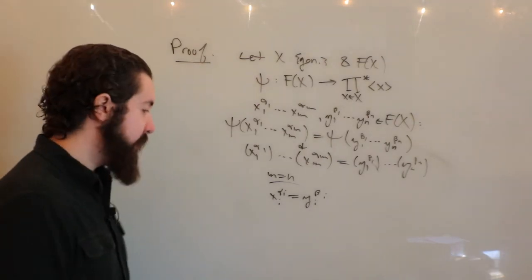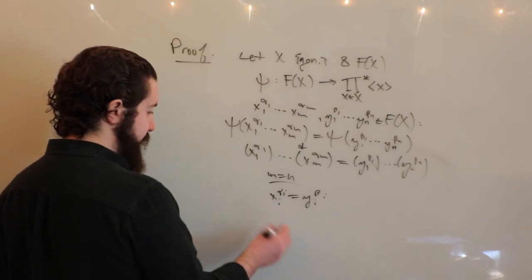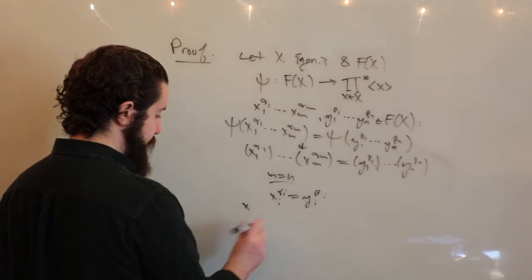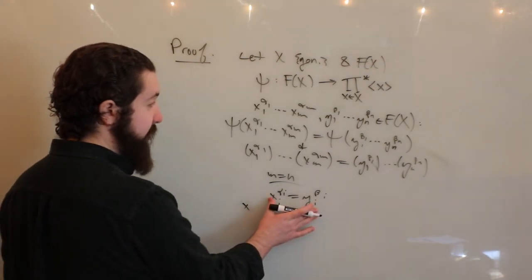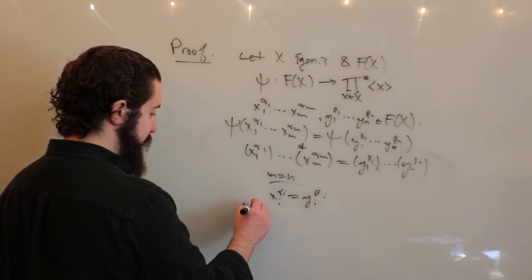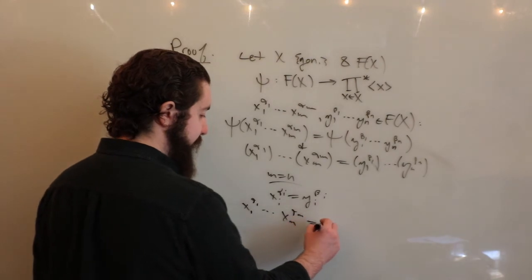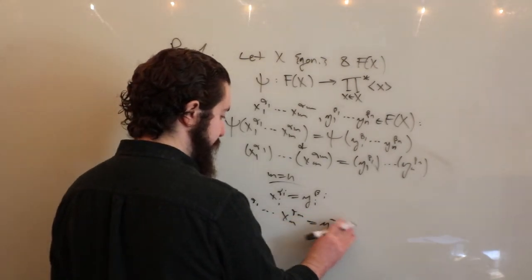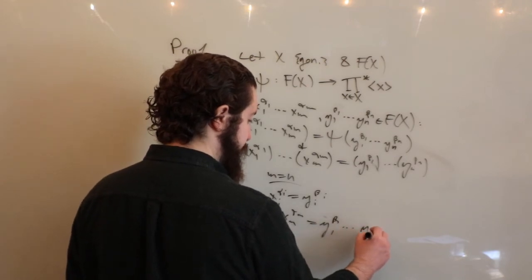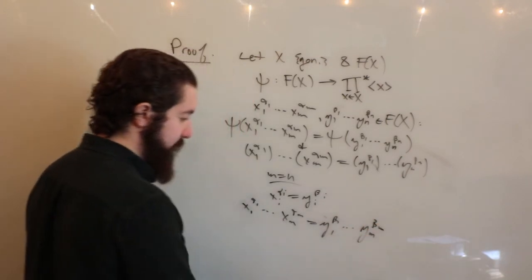Okay, so now, because this is true, this statement must also hold back in F of X. So we're going to have x1 to the alpha 1 all the way up to xm to the alpha m is equal to y1 to the beta 1 all the way up to y sub m, because m equals n, beta sub m.